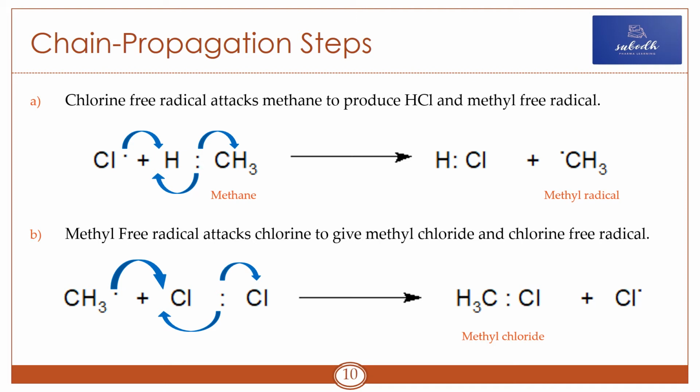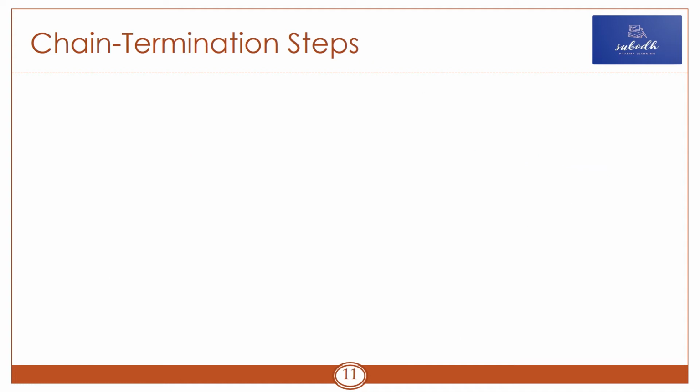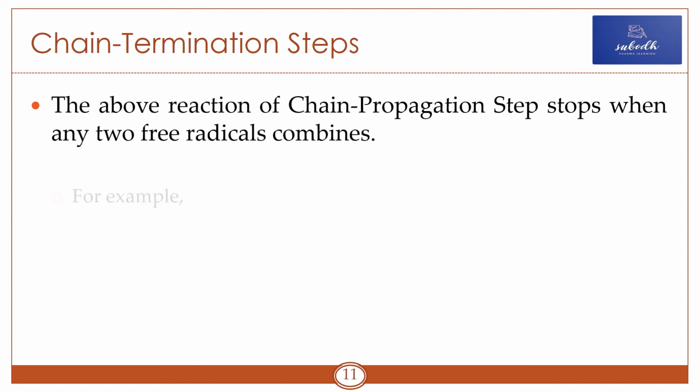The steps A and B repeat over and over again. The steps A and B of chain propagation stop when any two free radicals combine.